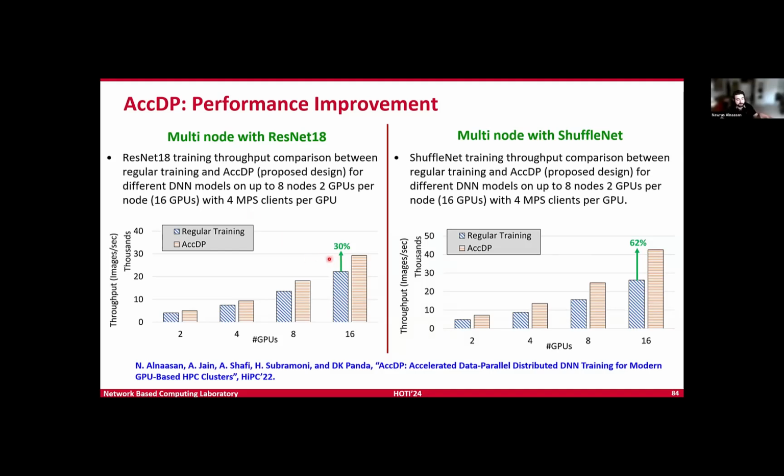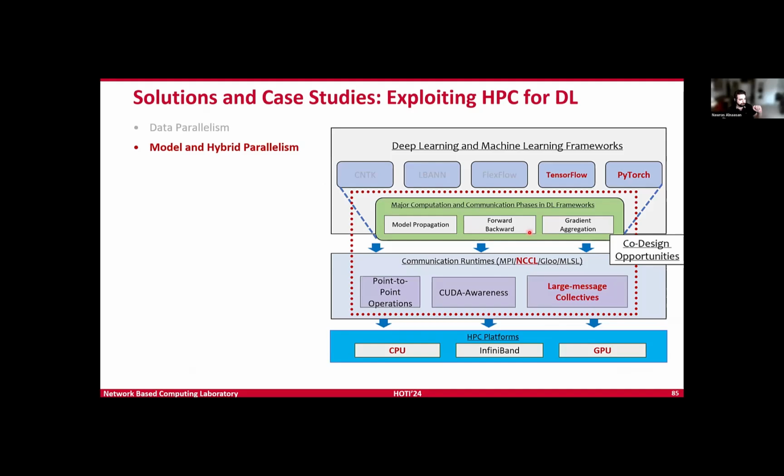And with that, we can see good performance benefits, like 30% on the 16 GPUs and 62% on the 16 GPUs. Again, these are with two different model sizes, ResNet 18 and ShuffleNet. So depending on the model size, you'll get different performance.